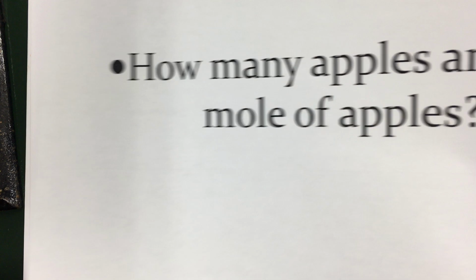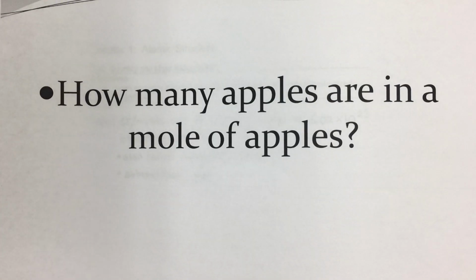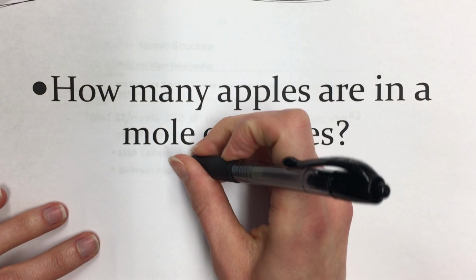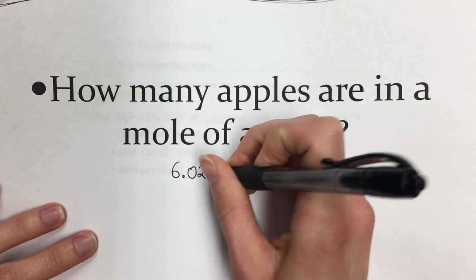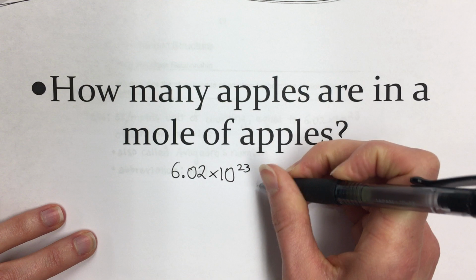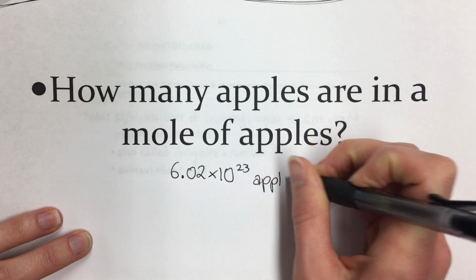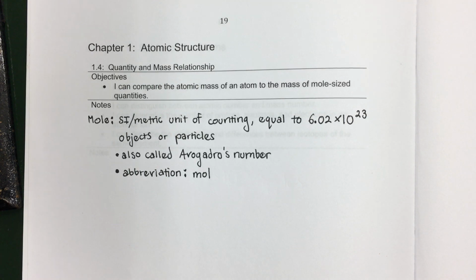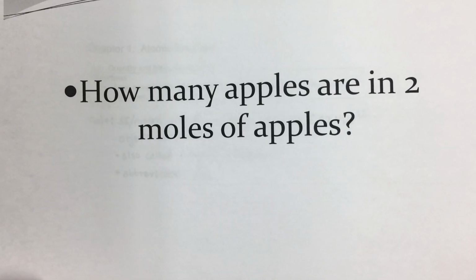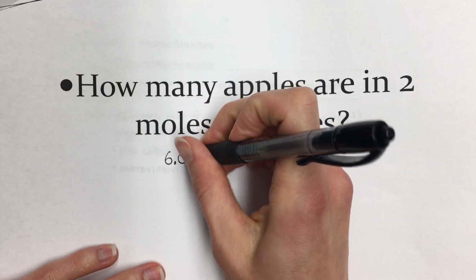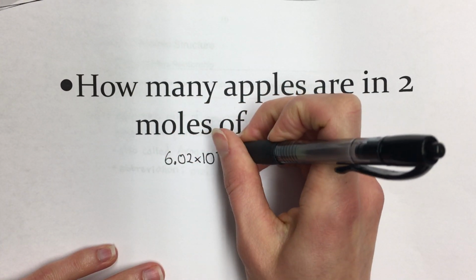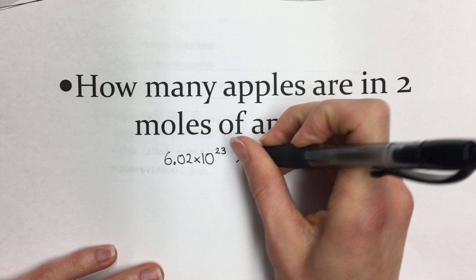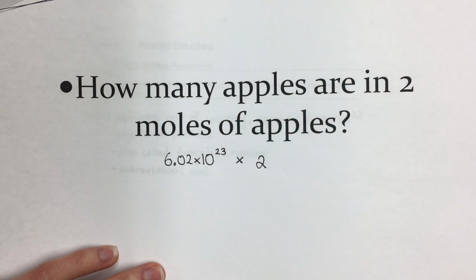So, I'm going to show you a couple of really easy questions. If I ask you how many apples are in a mole of apples, you need to be able to tell me the answer to that. And now you should be able to tell me that there's 6.02 times 10 to the 23rd apples in a mole of apples. Now, what if I wanted to know how many apples are in 2 moles of apples? Well, you can probably all figure out. I would just take 6.02 times 10 to the 23rd and multiply that by 2.